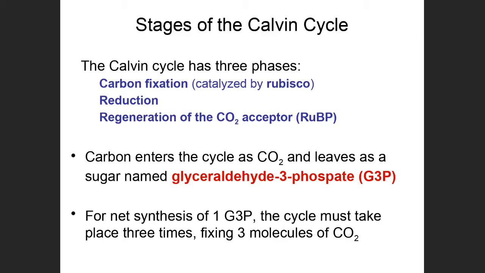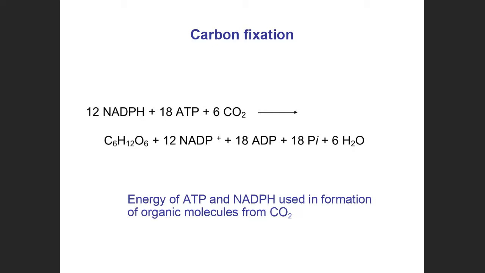This is exactly what's going to happen during my carbon fixation cycle. You remember those ATPs and NADPH that have been produced during the light reactions? They are going to be used as a source of energy to produce this.